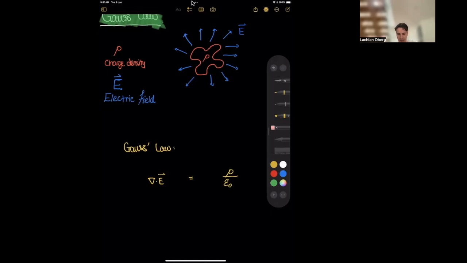But what if, instead, you know something about the charge density, and instead you want to know something about the electric field? Well, fortunately, we can transform Gauss's law from differential to integral form, and this will give us exactly what we want. So how do we do this?